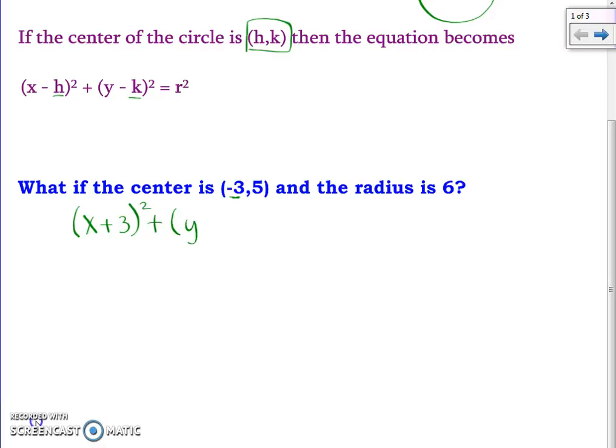And then we're going to have y minus whatever our k value is, squared. And then it equals r squared. So this is our radius, 6, so we square that and we get 36. And that's all you have to do. It's the whole quantity squared, so you're not going to ever actually square those numbers.